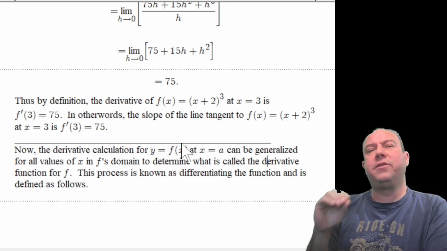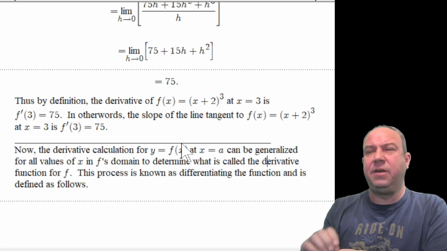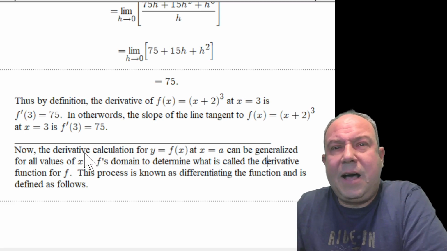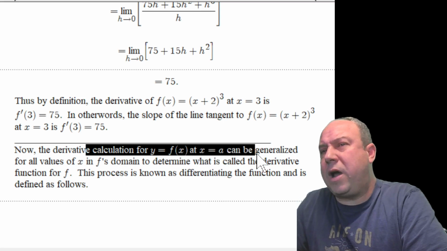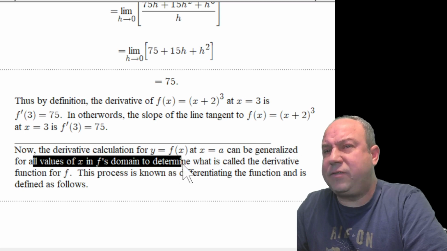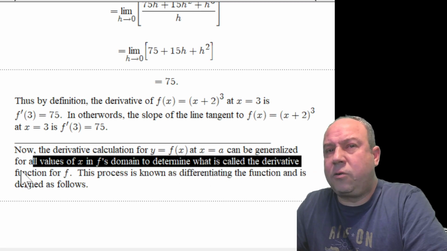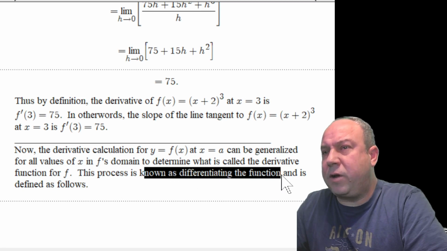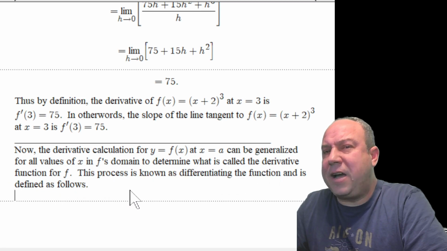And develop what's called the derivative function for a given function. What I say here is the derivative calculation for y equals f of x at x equal to a can be generalized for all values of x in f's domain to determine what's called the derivative function for f. This process is known as differentiating the function and is defined as follows.